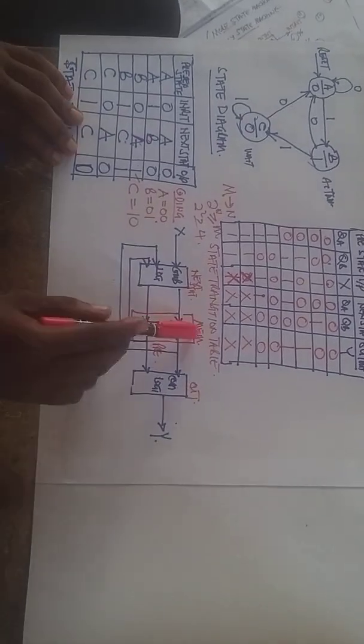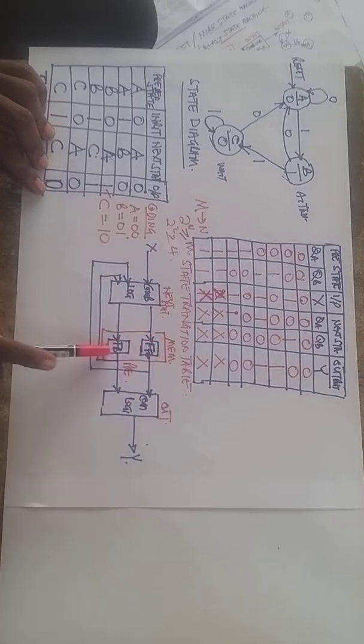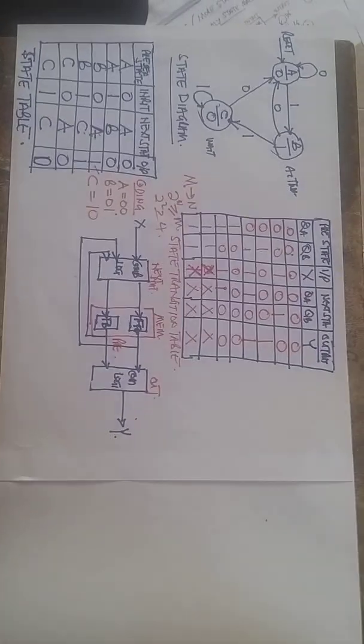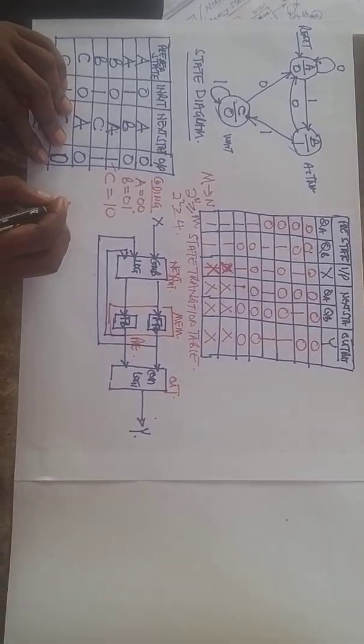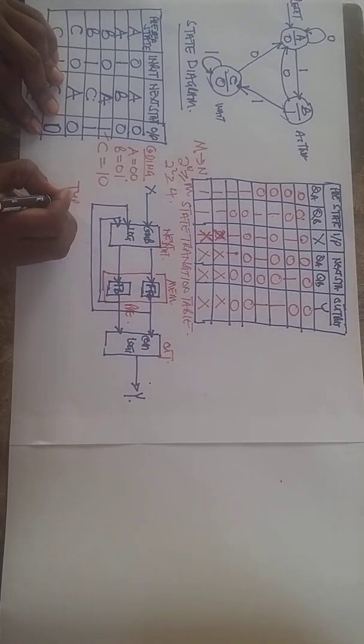So what do we do next? We need to determine the type of flip-flop that we are going to use as our memory. I think I'll use the D flip-flop.